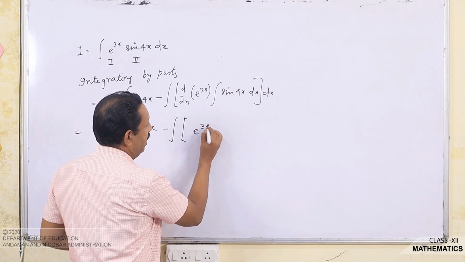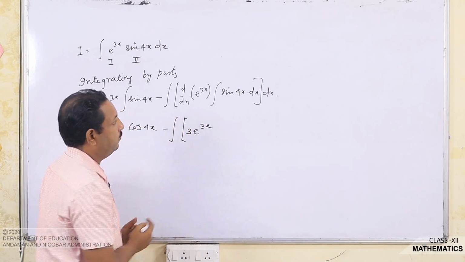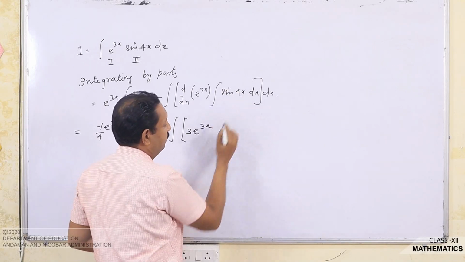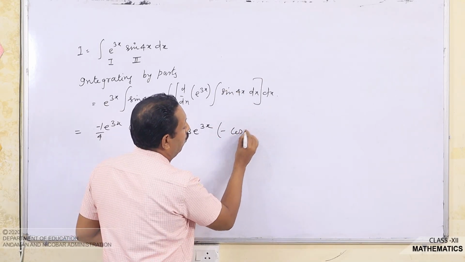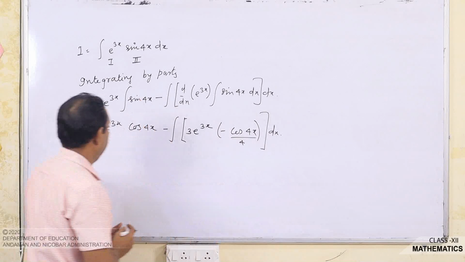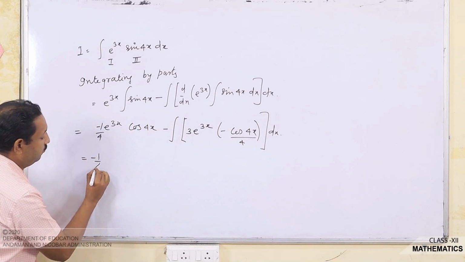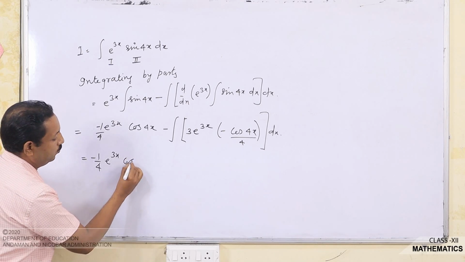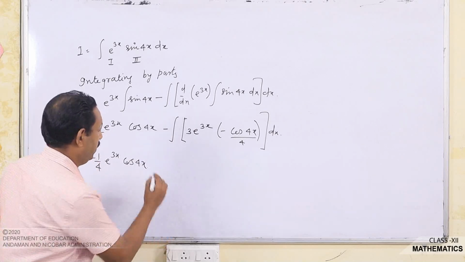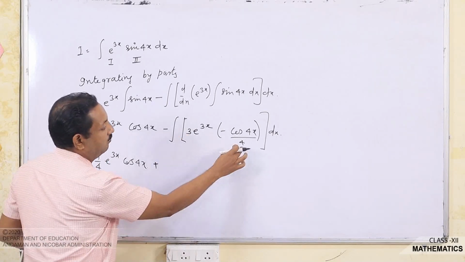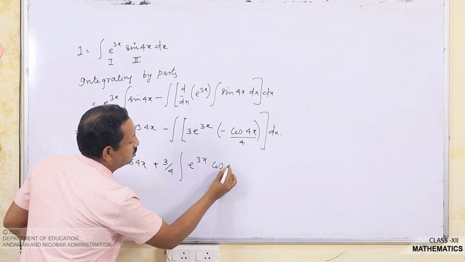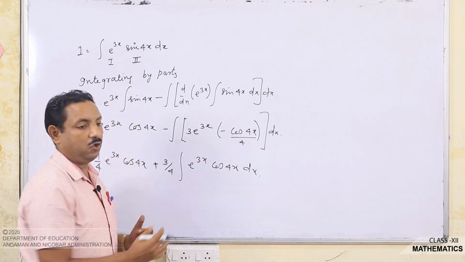E power 3x, and for this 3x we put 3 here, and again we have the integration of sin 4x, which is again minus of cos 4x by 4, and dx is here. Now this is equals to 1 by 4 e power 3x cos 4x, and I bring this minus sign out of this integration. So that is plus, and this 3 by 4, that is 3 by 4, and e power 3x cos 4x dx we have with this now.